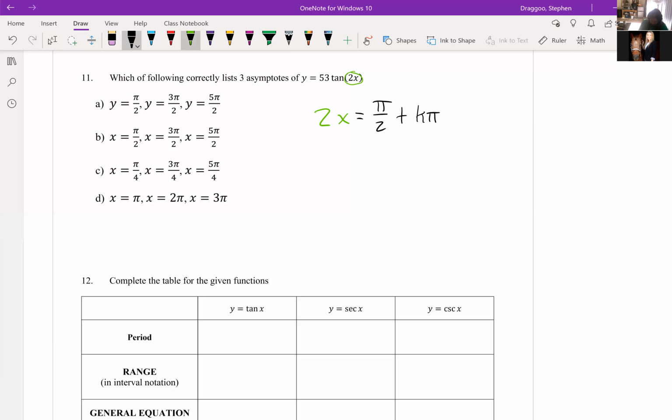So if I solve this for x, it's going to be pi over 4 plus k pi over 2. Or if I wanted to simplify that, pi plus 2k pi over 4.